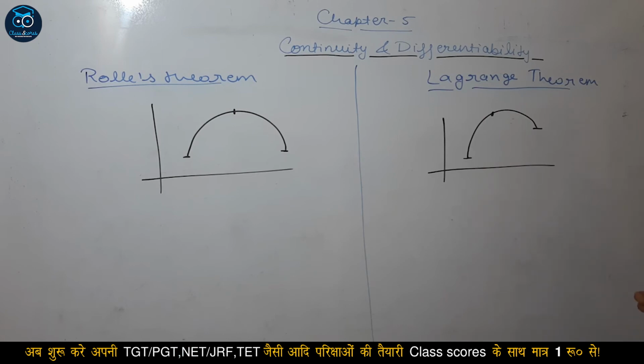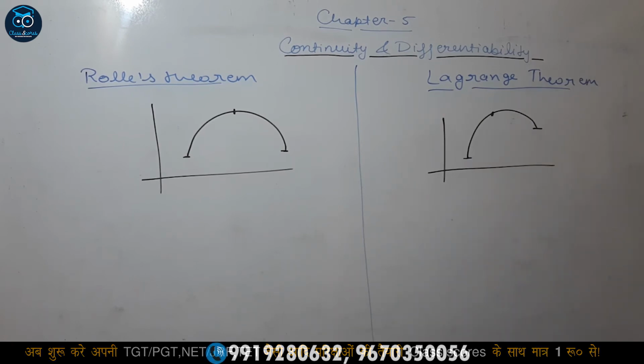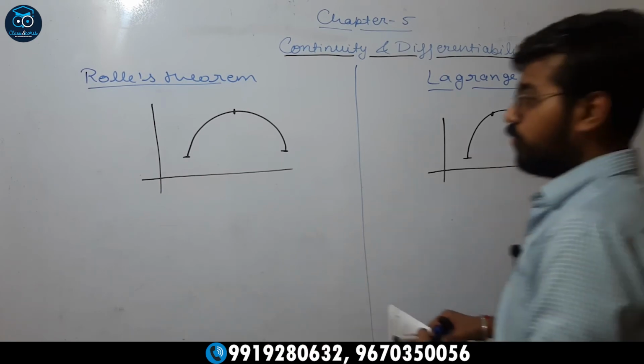The statements for both theorems are almost the same. We only need to follow some specific points for the equations to find the mean value. So we can write it here.